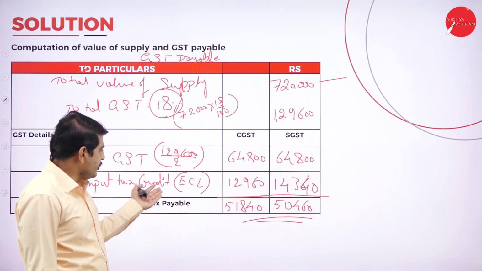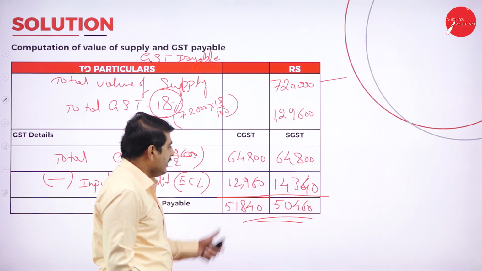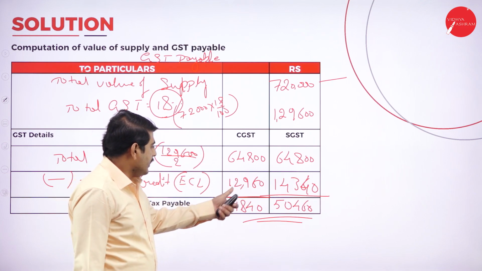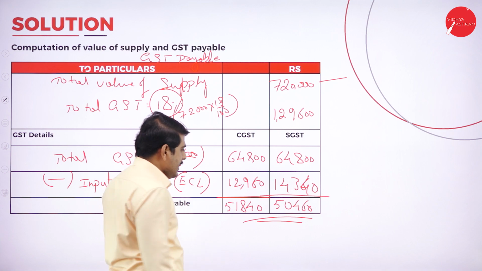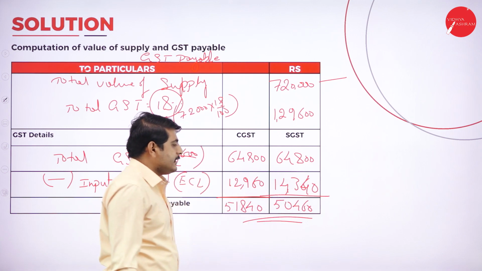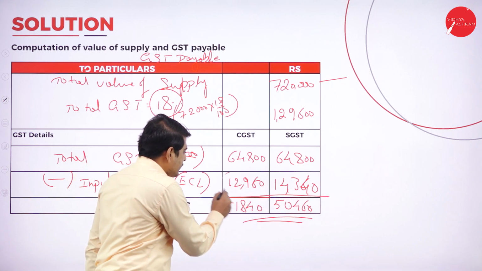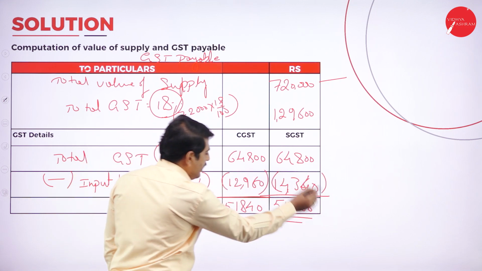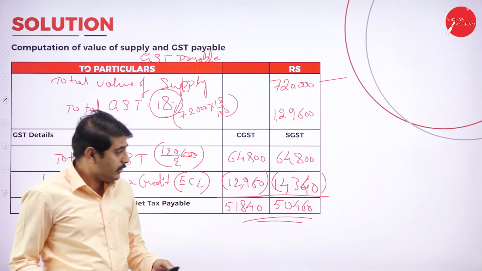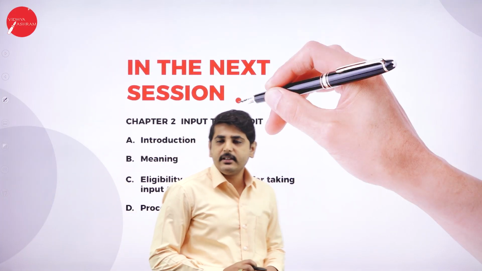The credit ledger is showing 12,960 as input tax credit for the CGST, and the input tax credit for the SGST is 14,340. If you deduct these items, you'll get the actual tax payable. So this is the end of this sum.